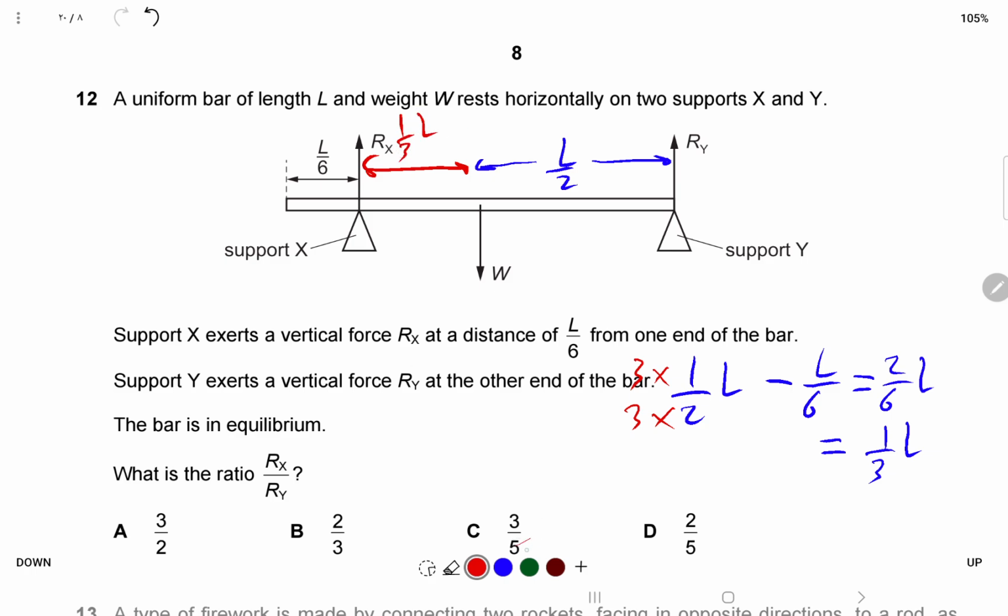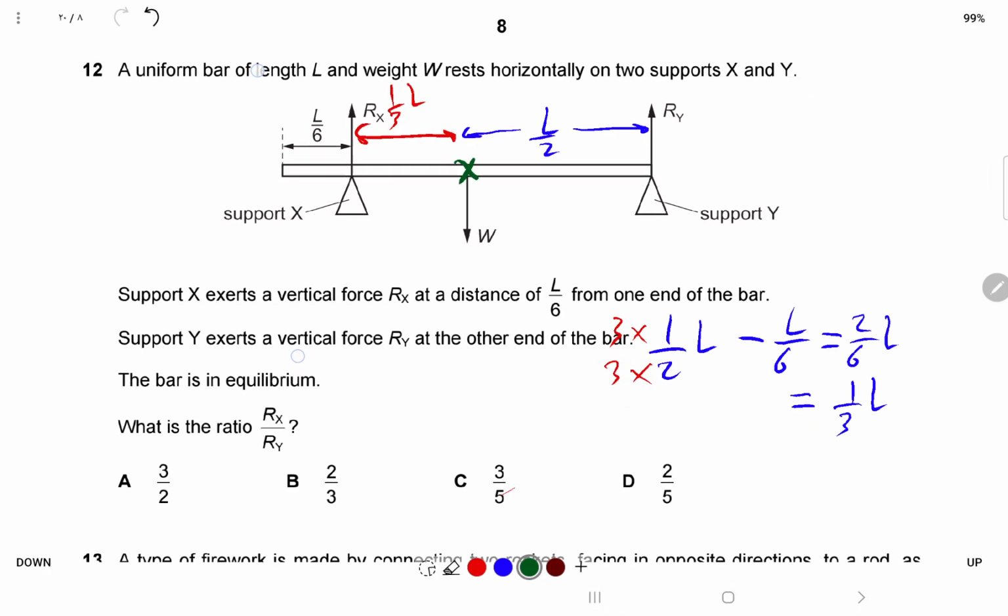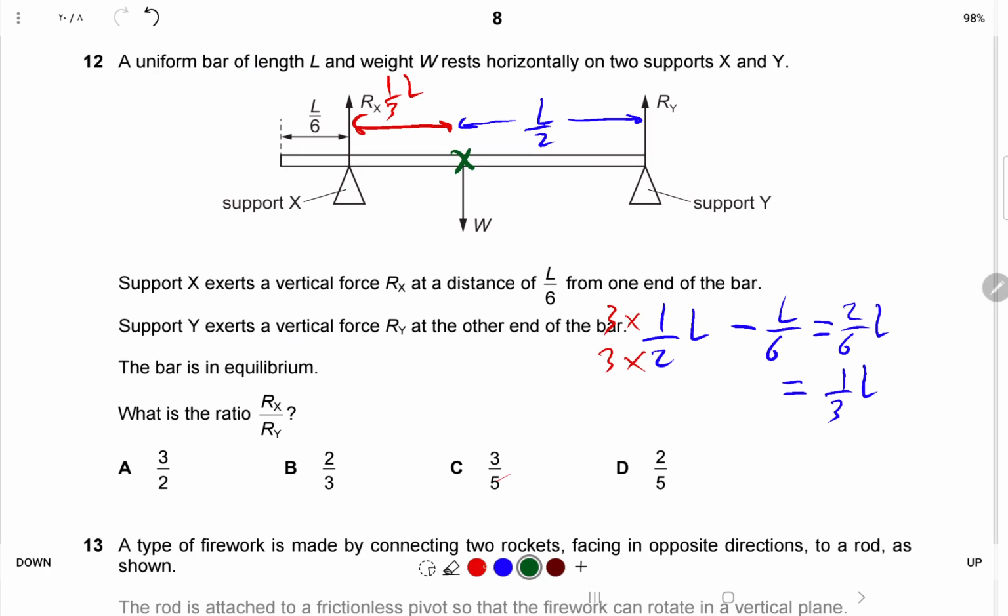Okay, now you can take moments about the midpoint. So let's do that. Here you can see support Rx. So Rx times distance. Moment is force times perpendicular distance, which is L over 3, is equal to Ry multiplied by L over 2.